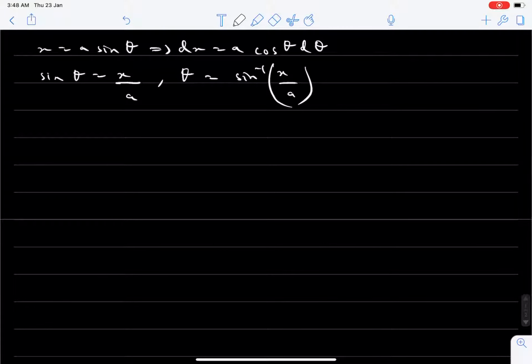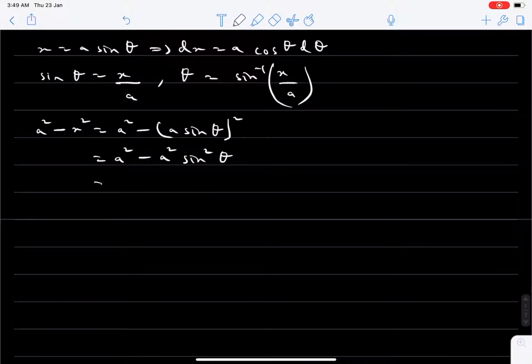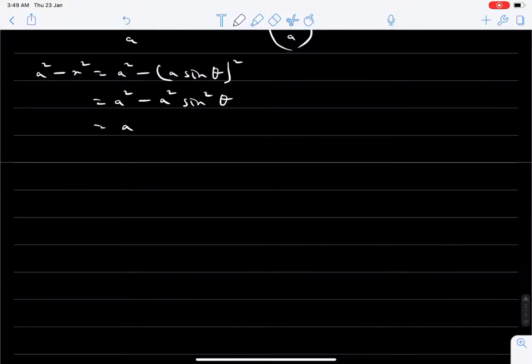So we can simplify a squared minus x squared. That means a squared minus x squared is the same as a squared minus (a sine theta) squared, which means a squared minus a squared sine squared theta. And that's the same as a squared times (1 minus sine squared theta).